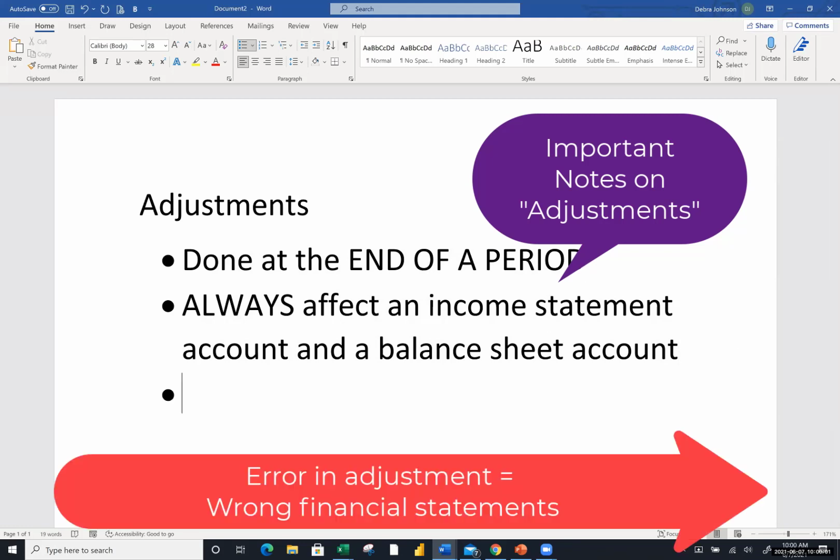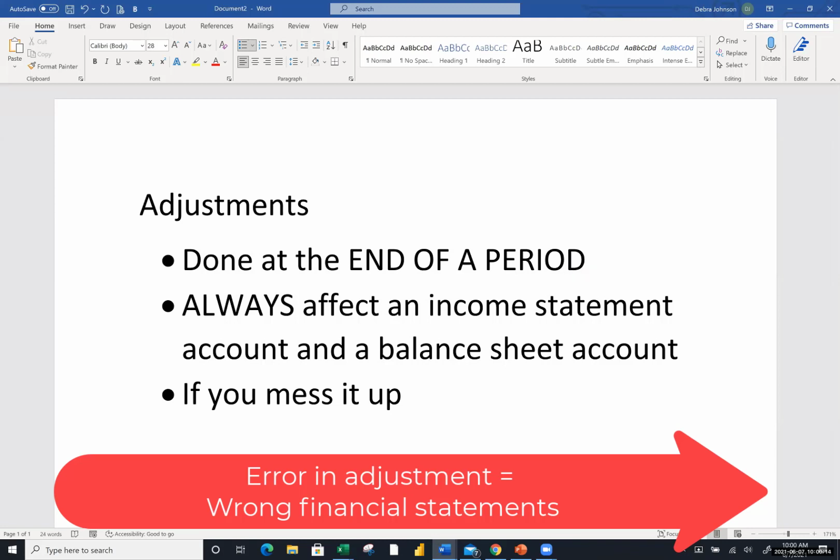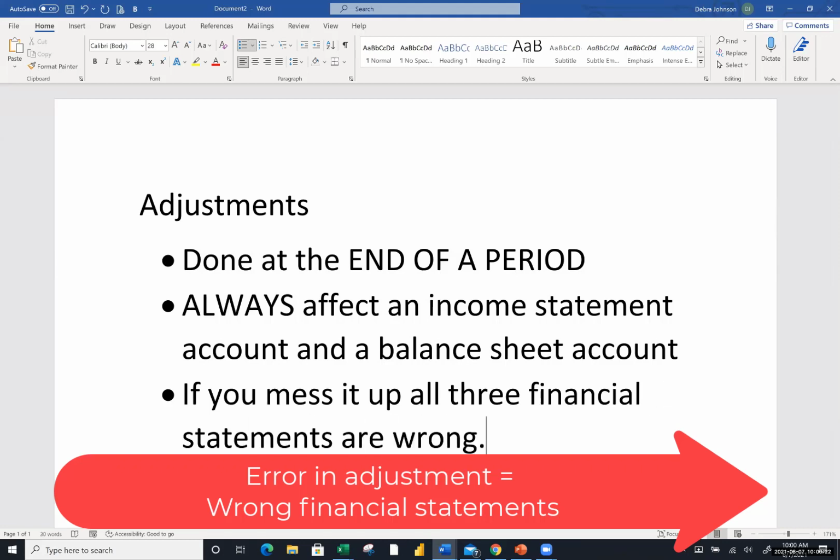And the effect is, if you want me to talk like a professor, if you make a computational miscalculation, okay, I prefer to talk like a student. If you mess it up, all 3 financial statements are wrong. This is why adjustments are important.